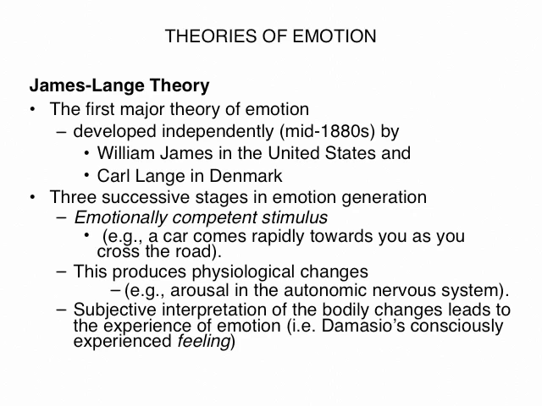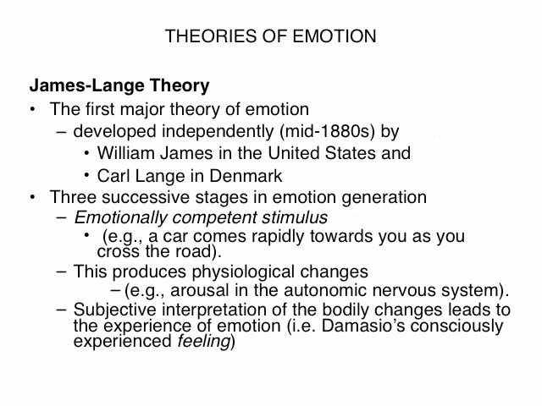And so they talked about three successive stages in emotion generation: an emotionally competent stimulus, an event, and I'm using Damasio's term there. They didn't call it that, but it's a nice term. So there's an event, like a car coming rapidly towards you as you cross the road.